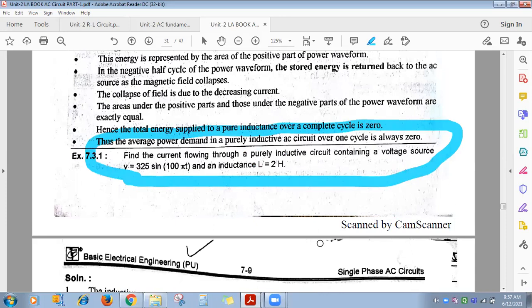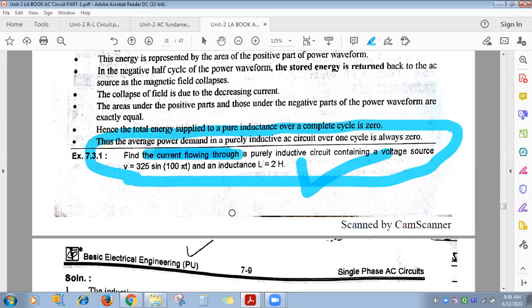So in an MCQ exam, whatever the question, if you are asked like this, its meaning is that you have been asked to calculate the IRMS value of current, and whatever options are given to you will be only the IRMS value of the current. And if they want to ask the instantaneous value of current equation, then they specifically mention find the instantaneous current equation.